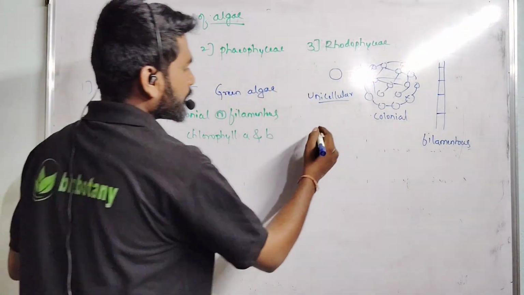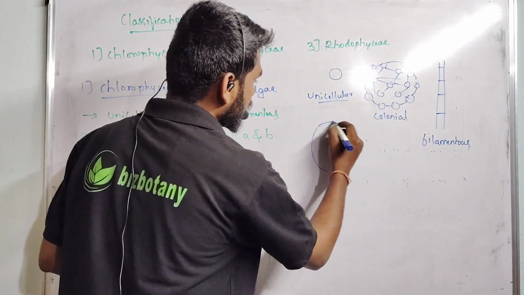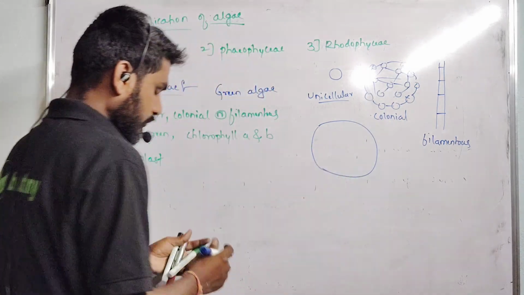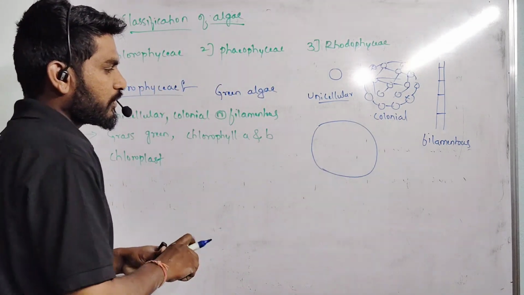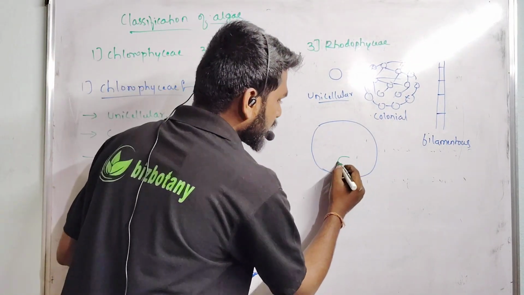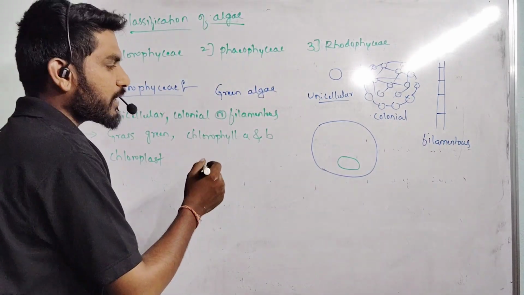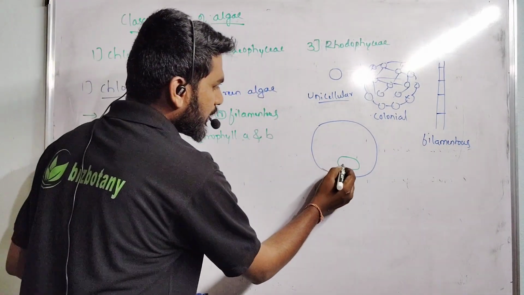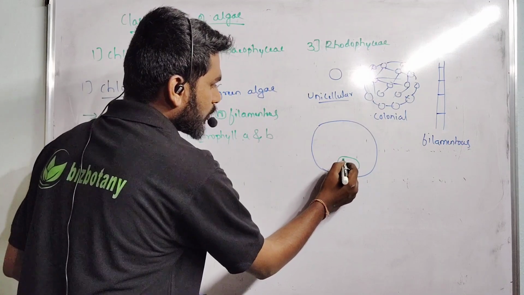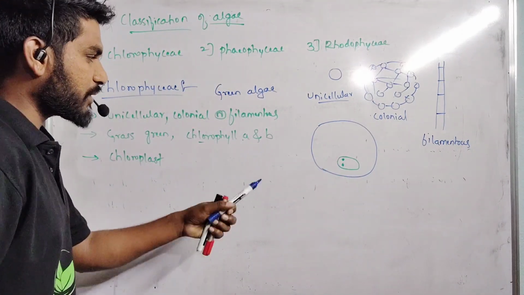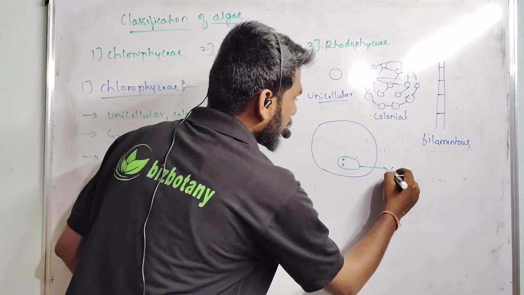Chloroplast is an organelle. Consider this is an algal cell. Inside the algal cell, one organelle will be present. We call it a chloroplast. Inside this chloroplast, we have green pigments like chlorophyll A and chlorophyll B.